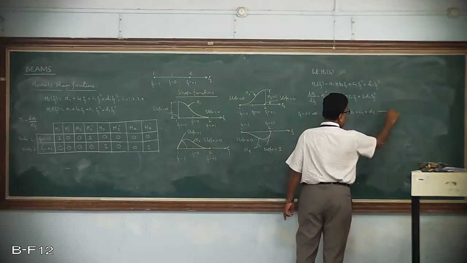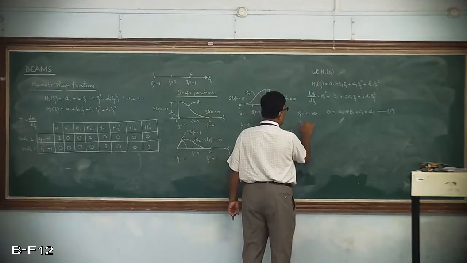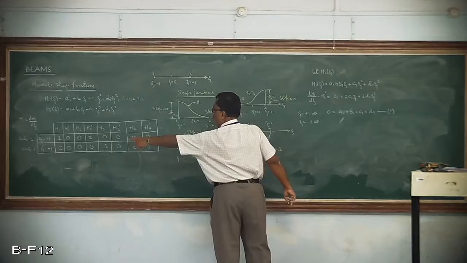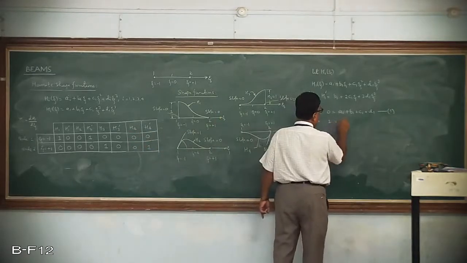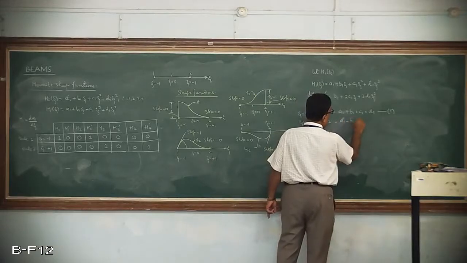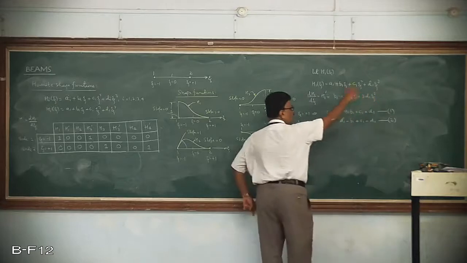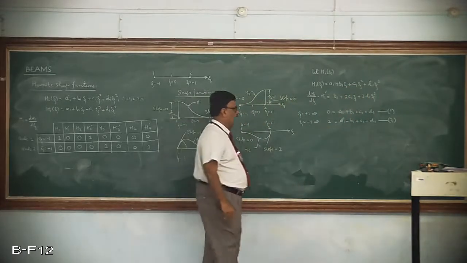This is your equation number 1. When you put zeta equal to -1 in this equation, what will happen? H1 is 1. So therefore, this is 1 equal to A1 minus B1 plus C1 minus D1, because when I put -1 cube, it is going to be -1 only.